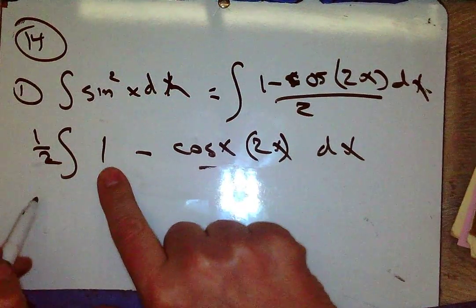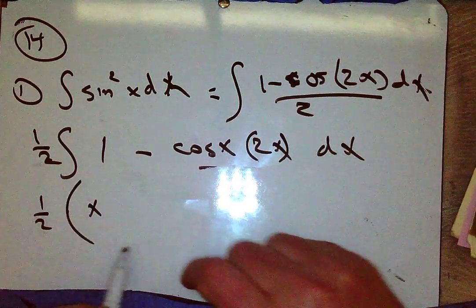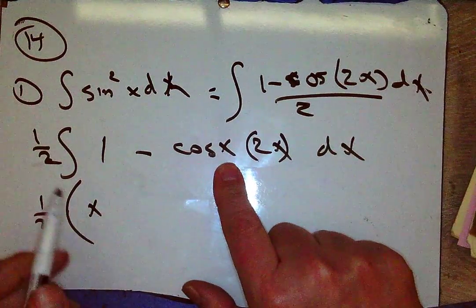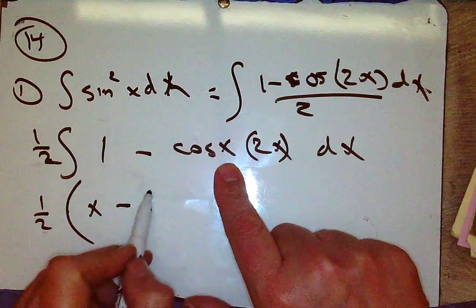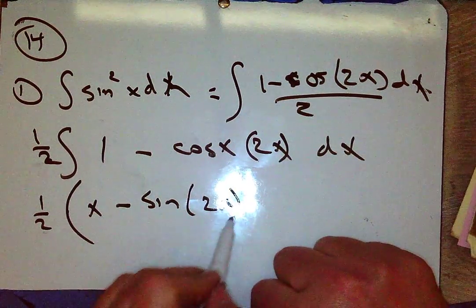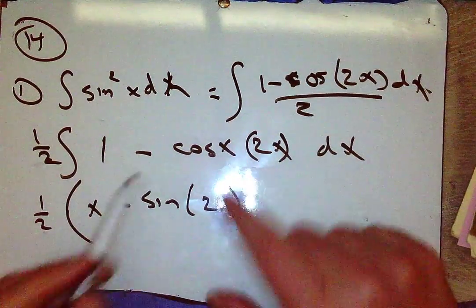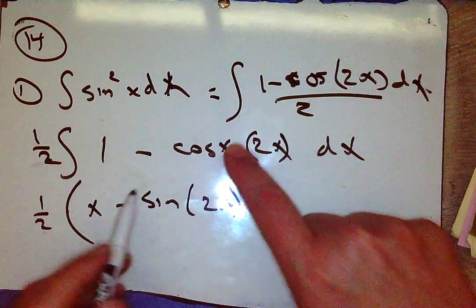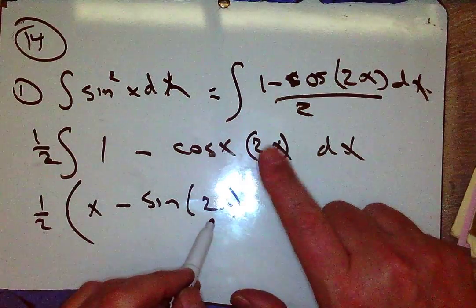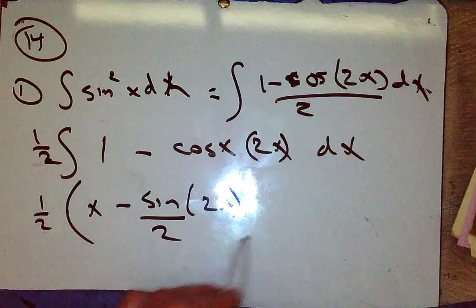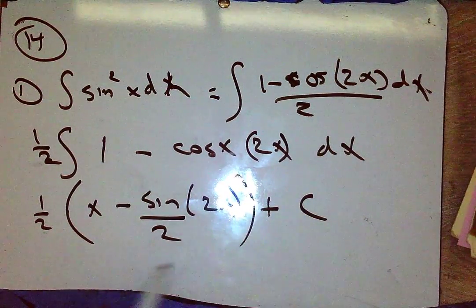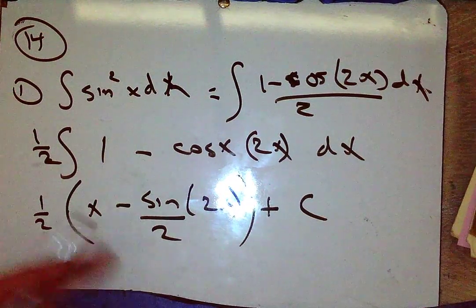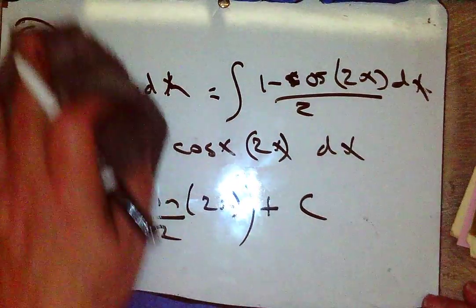Okay. Antiderivative of 1 is x. Antiderivative of negative cosine is negative sine. So if I take the derivative of this, negative cosine, take the derivative of the inside function, uh-oh, I need over 2. All right, so number 1, that's going to be all about knowing your power reducing identity.